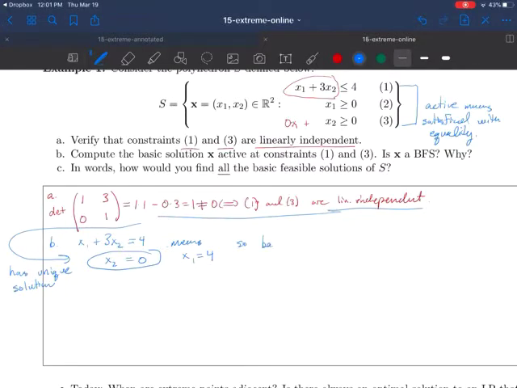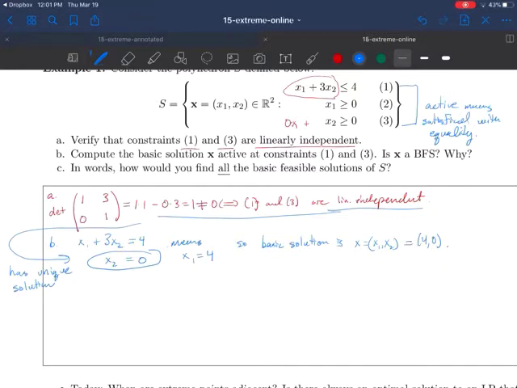So the basic solution is, let's be careful here, x equaling x1, x2 equals 4, 0, okay?